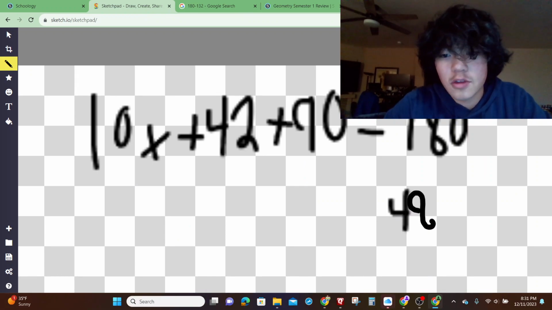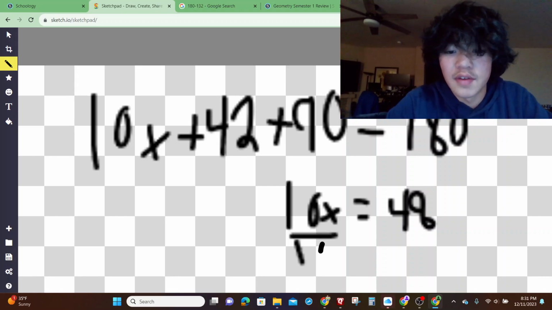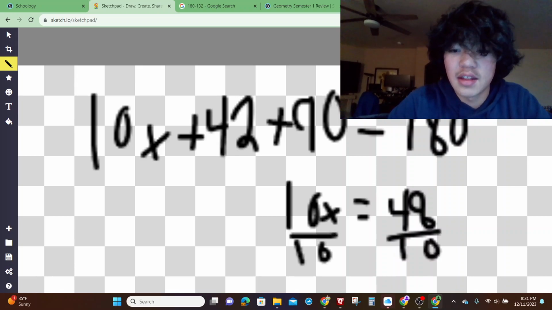So 10x equals 48. We're going to divide by 10. x equals 4.8.